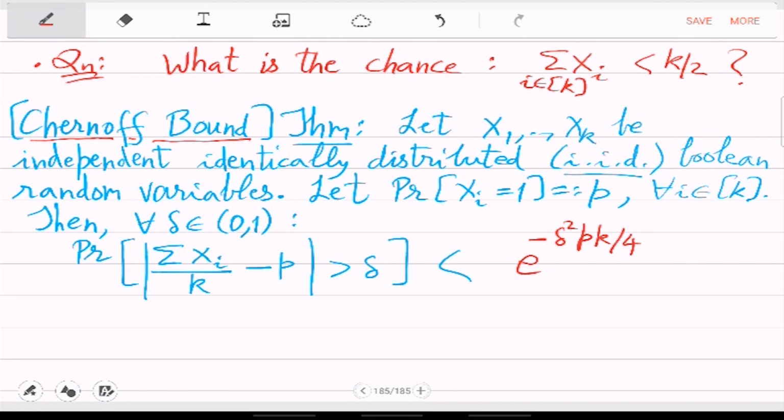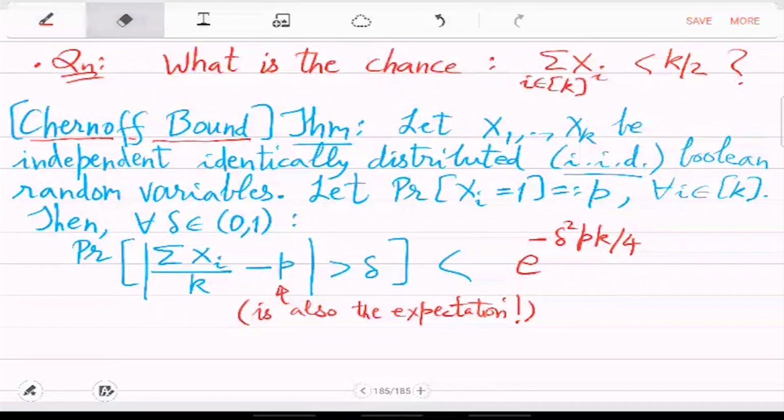P is the expectation of this mean. So the experiment giving you something delta away from the expectation, this probability is quite small. If you look at this, delta is some constant, p is some constant, 4 is a constant. This is growing as you increase k, it says it is falling exponentially.